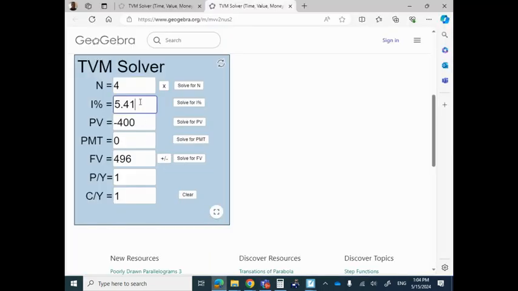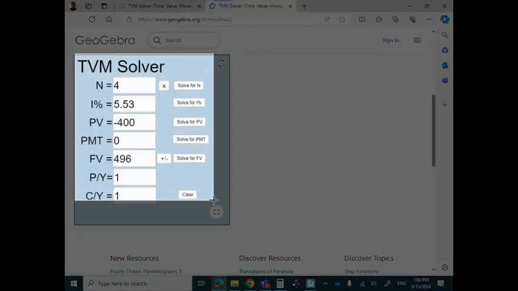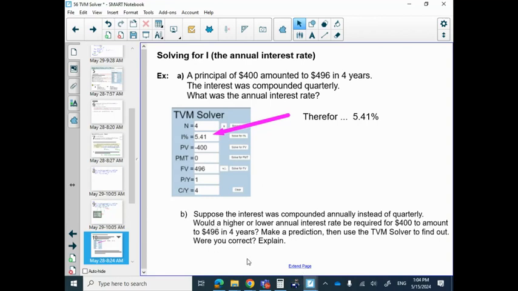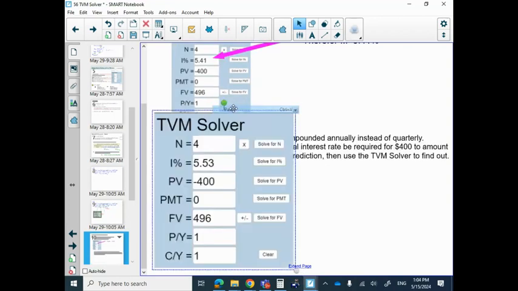Well, we're going to solve, and it's probably going to be higher than 5.41%. So it's going to be 5.53. So as expected, higher. That's a win. Shows we understand what we're doing and using this stuff for.